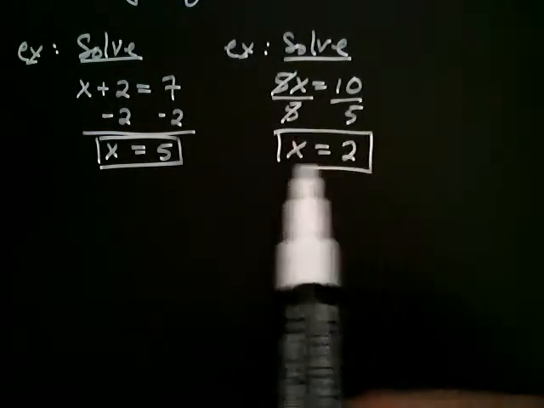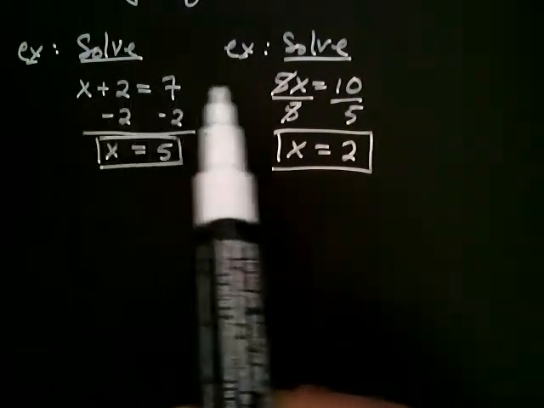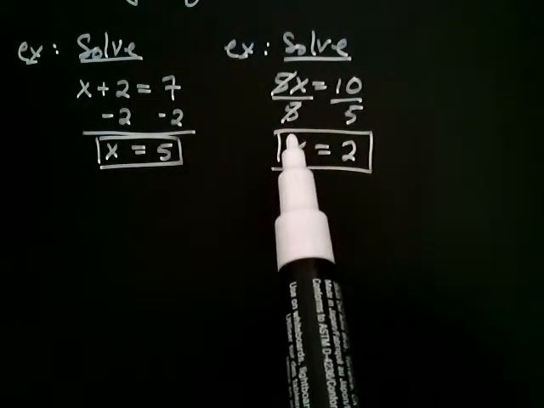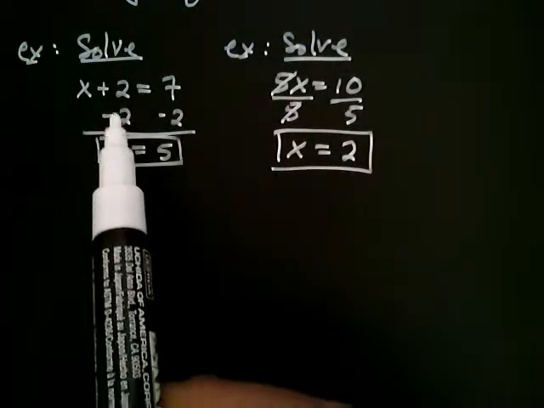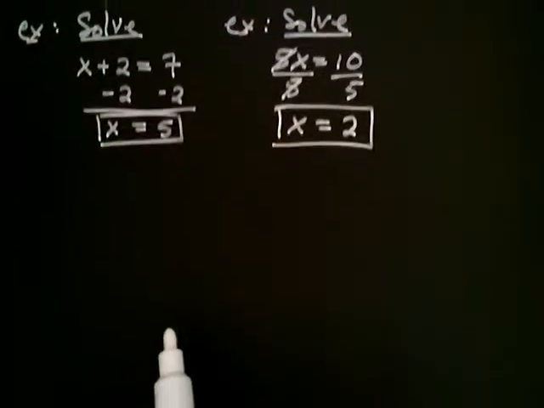Okay, so what happens now if you combine both addition and multiplication? Which do you do first? Do you subtract to undo the addition, or do you divide first to undo the multiplication? Okay, so let's say that we had the following problem.